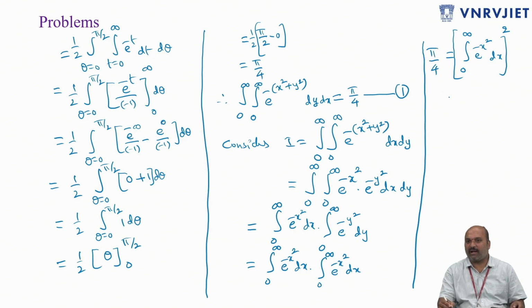Let's apply square root on both sides. Therefore, integral 0 to infinity e to the power of minus x square dx equals root pi divided by 2.